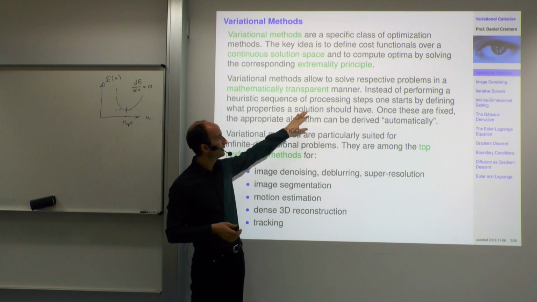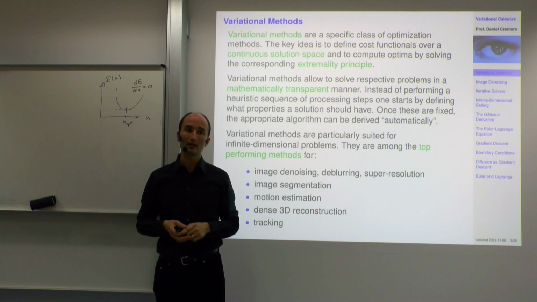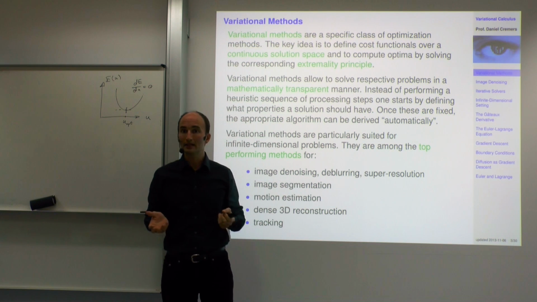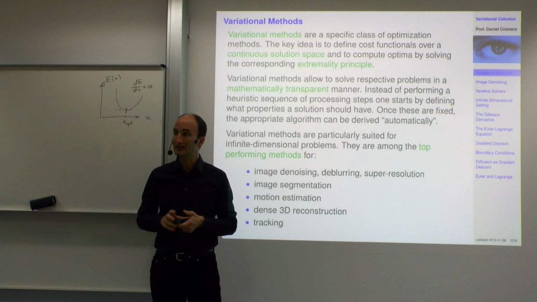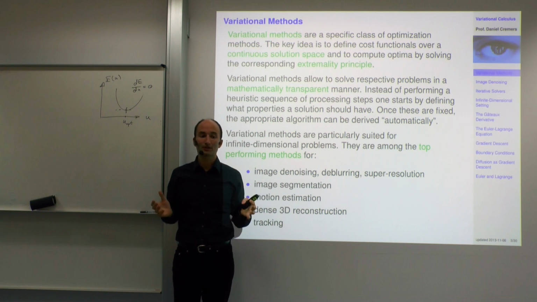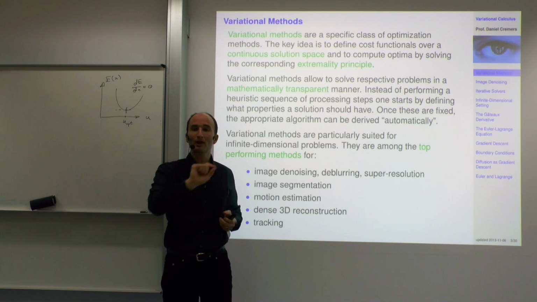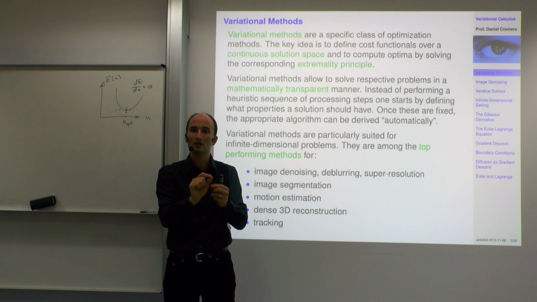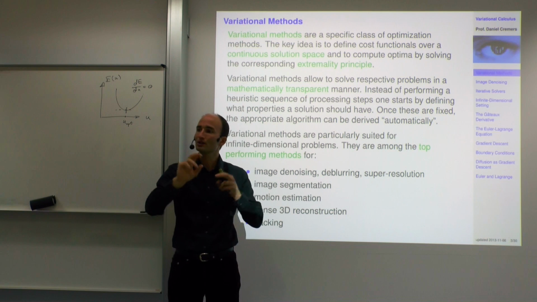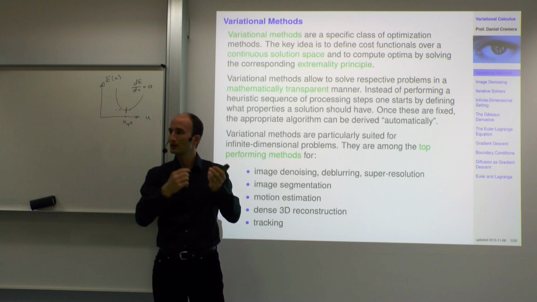This statement will make more sense to people who know a little bit more of the history of image processing. If you go into the 1970s or 80s and look at what people did in that period for image processing, many papers start with, let's take an image, let's take all the pixels, and now we take the brightness value at some central pixel, we take the neighboring values, we average them in the following fashion, then we do some thresholding, then we compute some derivative, then we do this and that.